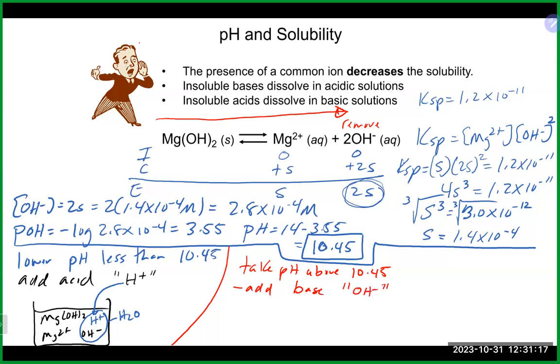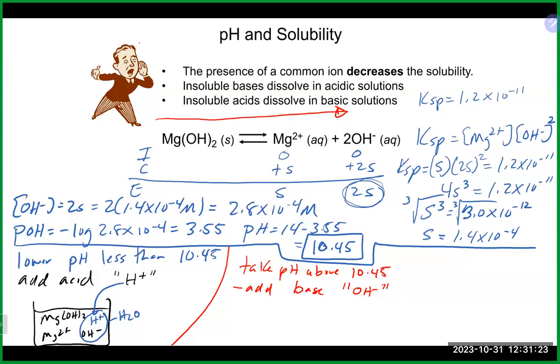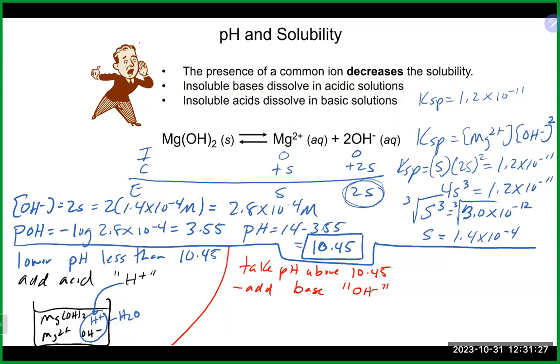And if we look at our reaction here, we are adding more hydroxide, which means based on Le Chatelier's principle, it should shift to the left, which means solubility should start to decrease, because you're going to be making more and more solid.